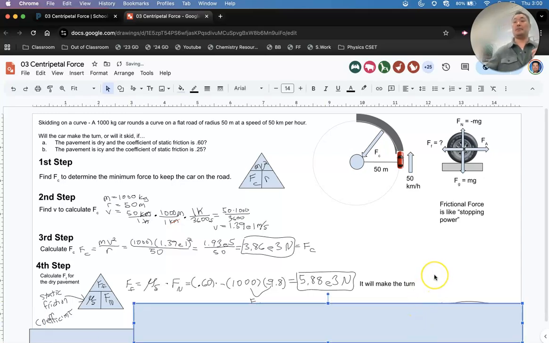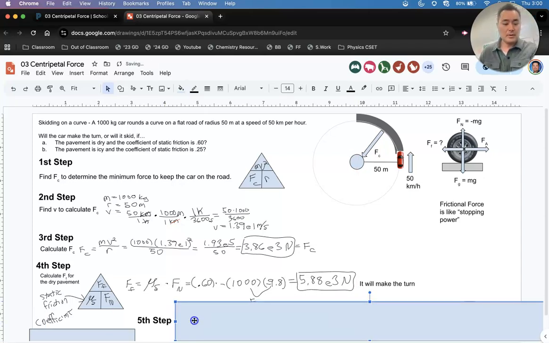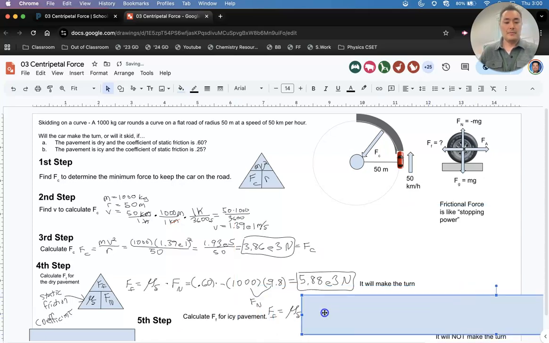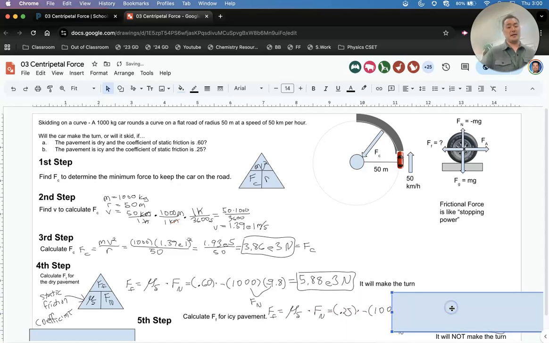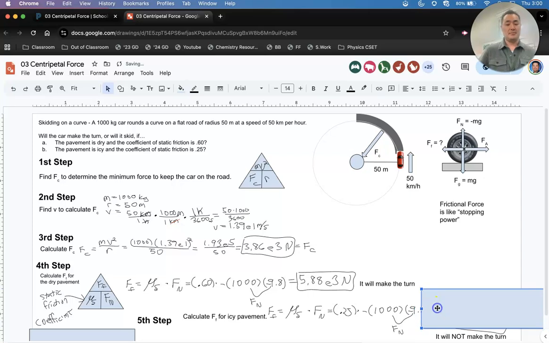And now we're going to do the same type of calculation for an icy road. Use the same formula: frictional force equals the static friction coefficient times force normal. Plug in 0.25 this time, times negative 1,000, times negative 9.8, and then multiply across.